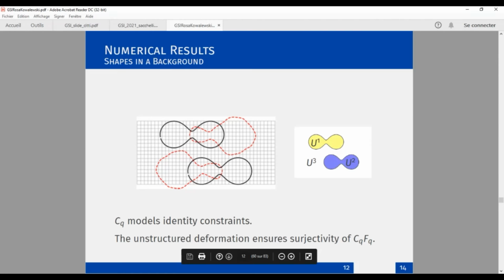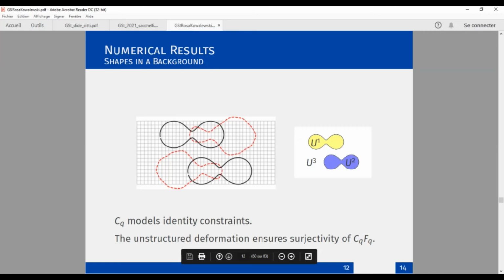In order to ensure consistency at the boundaries, we use what was introduced by Sylvain as identity constraints. And they force the point on the boundary of the background to move with the corresponding boundary point of the shape. So this ensures continuity.